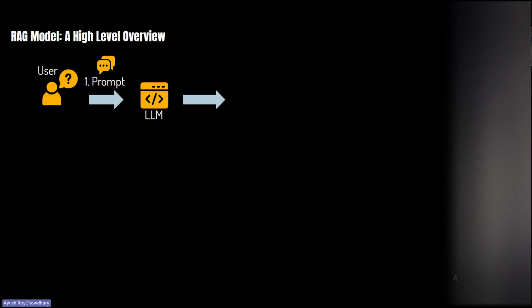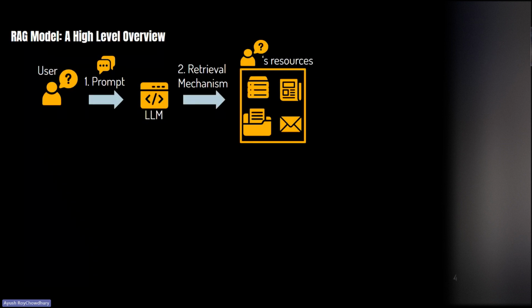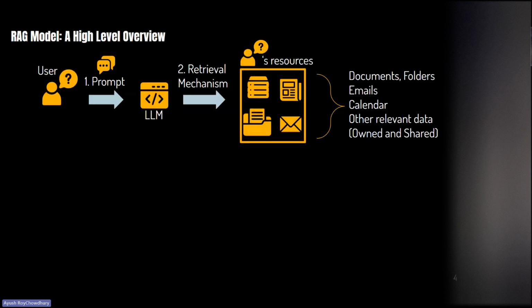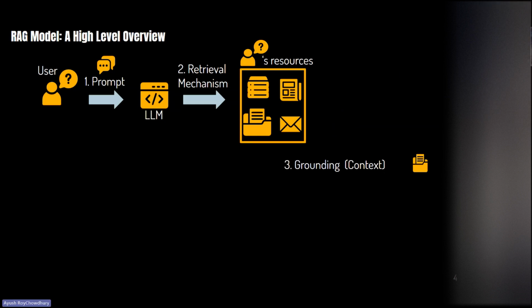However, if the user prompts a large language model, hey, please tell me about X deliverables of this project, the large language model needs to have some form of retrieval mechanism to look into the user's resources to be able to retrieve documents, folders, emails, calendars, anything that's owned by the user or shared with the user in order to ground or give context to the original prompt.